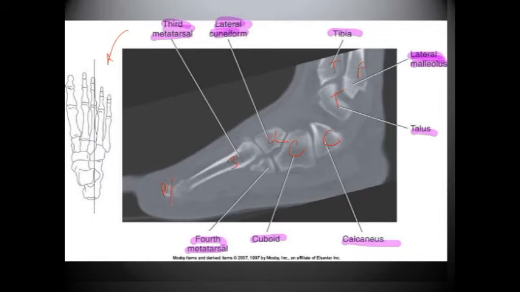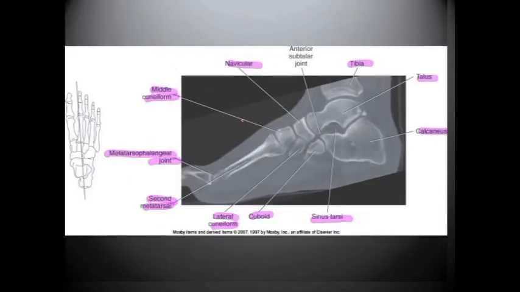Then we have the proximal phalanx of the third metatarsal with the metatarsal phalangeal joint and a tarsal metatarsal joint here.